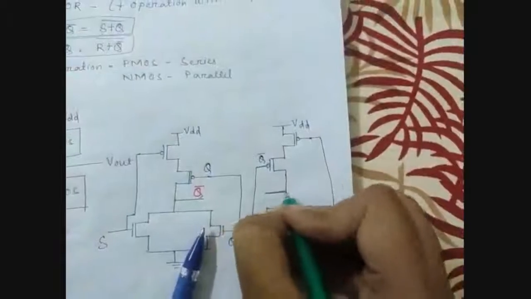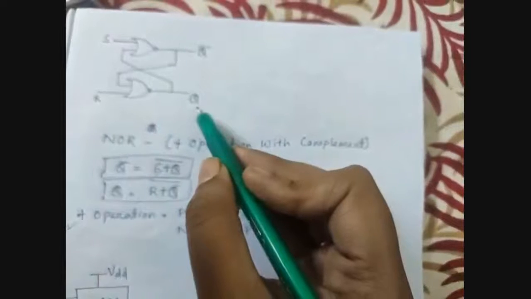Then here the diagram is given. To one input of this NOR gate we give the output Q, and to the other input of this NOR gate we give Q bar.